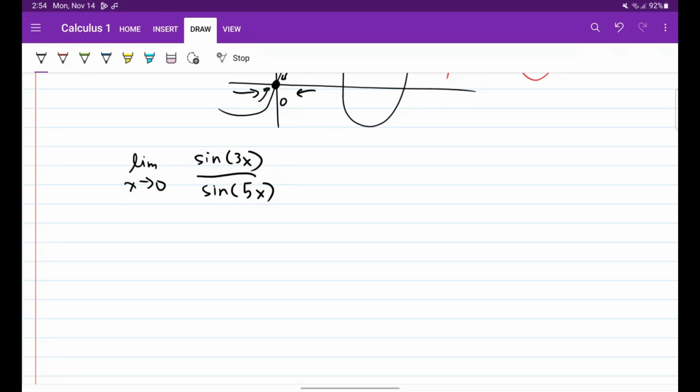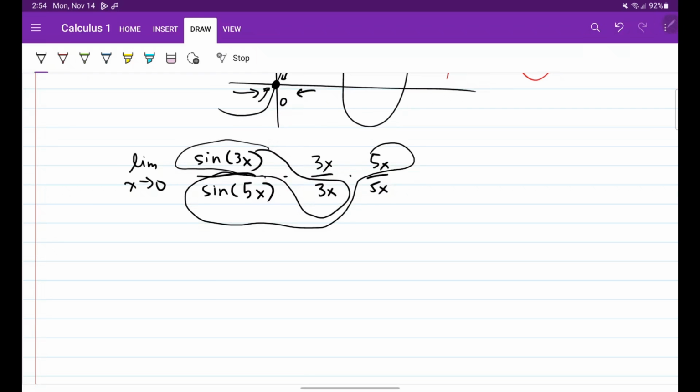So, what we can do is to multiply by 3x over 3x and 5x over 5x. And anong ginagawa nun para sa atin, di ba? Parang nag-multiply lang naman tayo eh. Ang nangyayari, we get sin 3x over 3x here and sin 5x here. No? So, pwede natin i-rearrange yan.